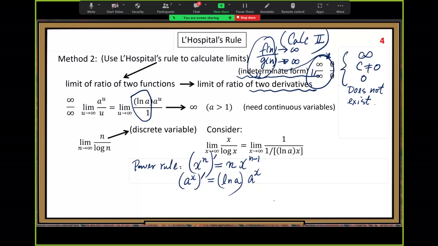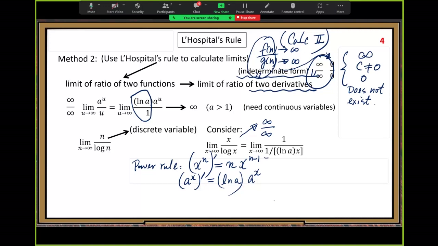All right. So now we just apply the L'Hopital's rule, because if you check the indeterminate form, it's also infinity over infinity, right? So when x goes to infinity, log of x also goes to infinity. So then you can take the derivative of numerator function 1, derivative of denominator function, reciprocal.